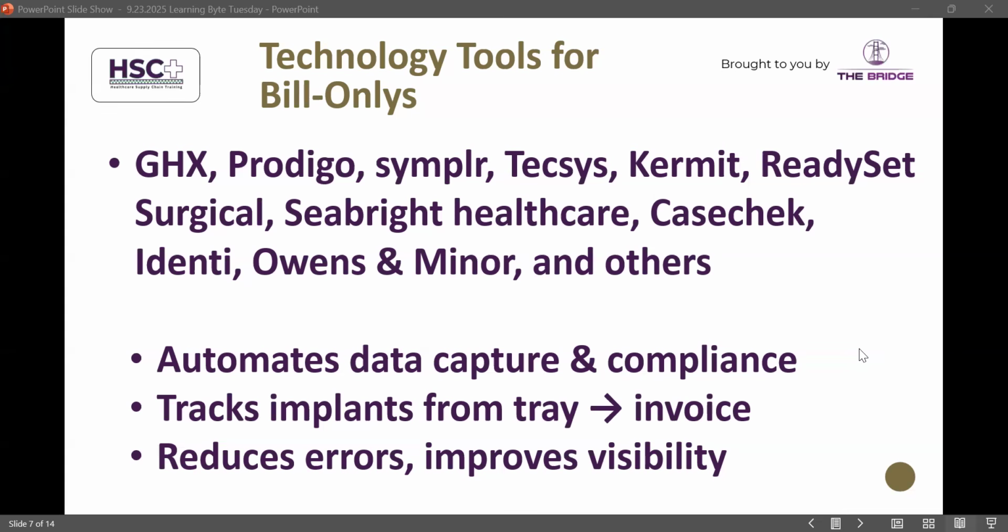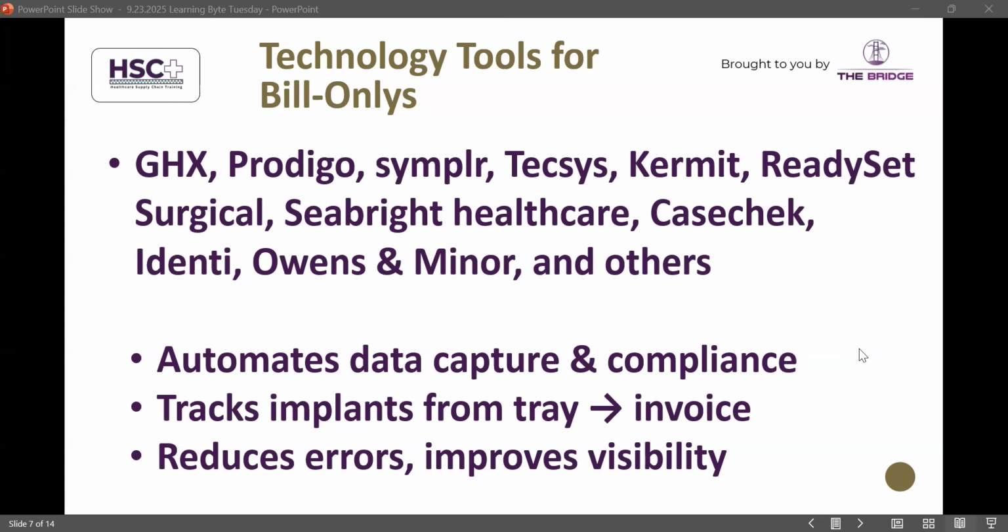And then it reduces errors and it improves visibility of the items. So there's no hiding. There's no adding an extra thing on. There's transparency, there's trust that's built here when you're using these tools and technologies. Go out and do a bunch of demos and figure out, hey, will this help us? Taking a manual step out of your process would be amazing.